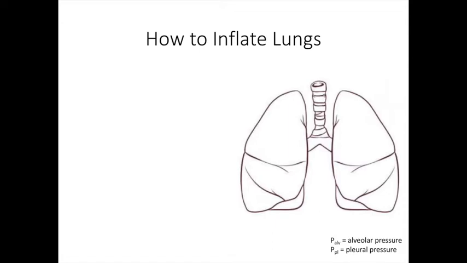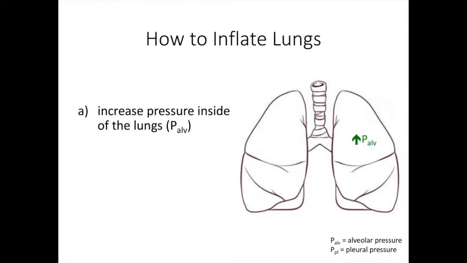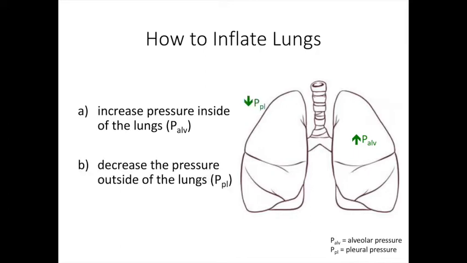To understand how a ventilator works, it's important to understand how one can inflate a pair of lungs. You can either increase the pressure inside of the lungs, known as the alveolar pressure, or you can decrease the pressure outside of the lungs, which is the pleural pressure.